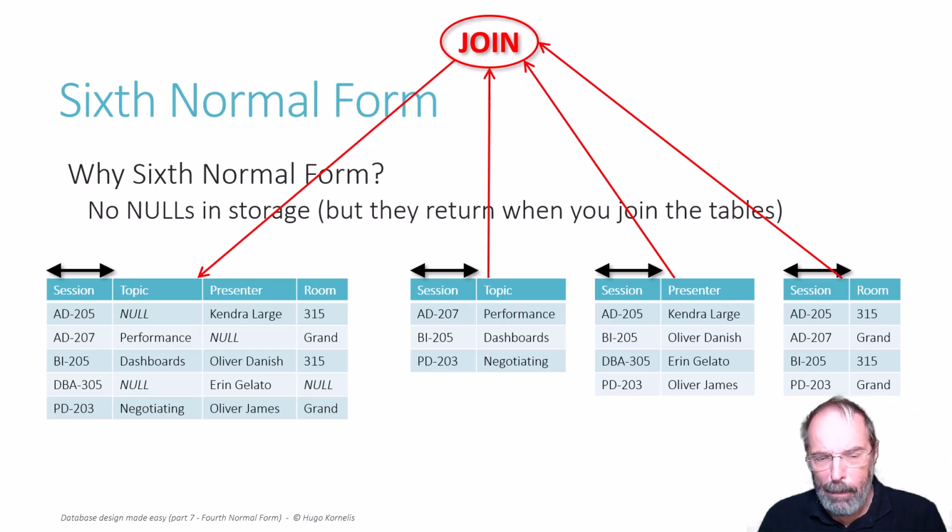Now, there are people who tell me, yeah, you get those nulls back when you join the data in SQL in mainstream relational databases. But we at our university are working on a different relational database system with a different query language that uses special semantics, and we avoid using nulls.